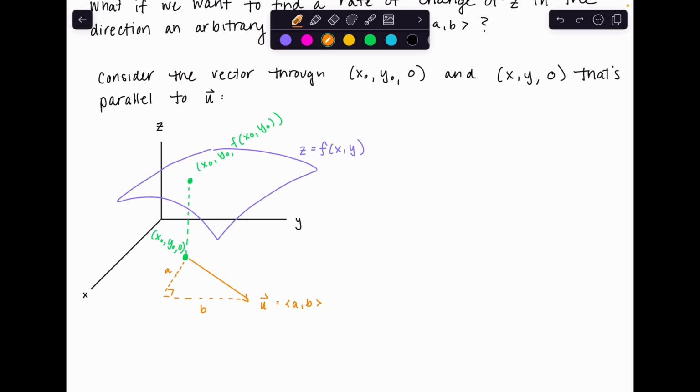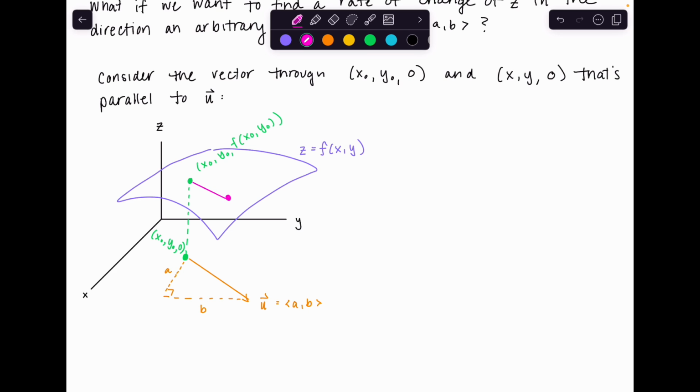So what I'm doing is I'm instead going to try to see how I can figure out this rate of change. Because again, it's going to require me having some point that I approach this particular one in the direction of u. So this is where that other vector comes into play. So what I've got is this other point right up here.